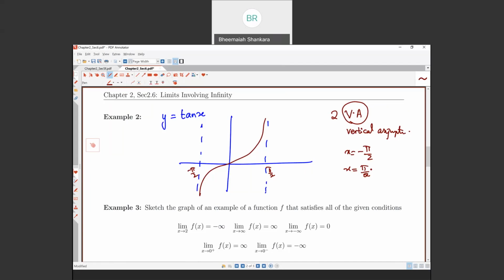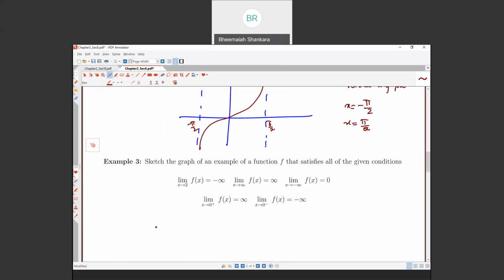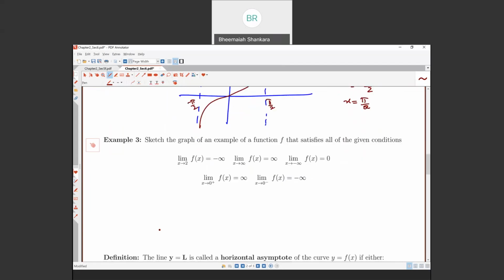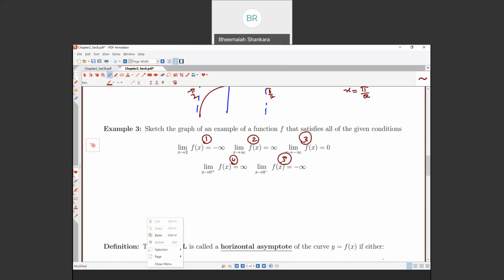Next, you want to sketch a graph of an example of a function f that satisfies all these conditions. So name these conditions 1, 2, 3, all the way up to 5. So you have the limiting values discussed at x equals 2.